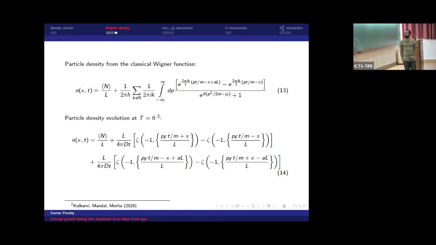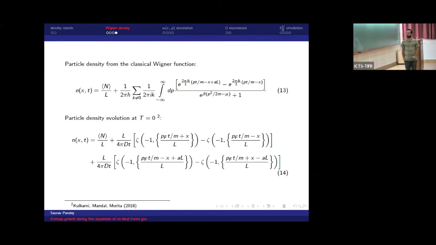This we haven't tried to solve yet. But if we assume the initial temperature to be 0, then one can solve it, because then this Fermi function is just a box function up to the Fermi momentum. After you simplify it, you get this expression.